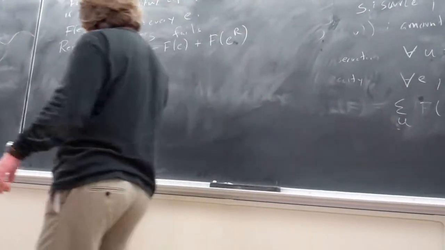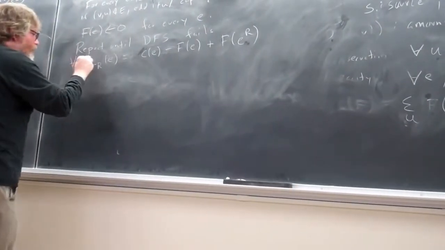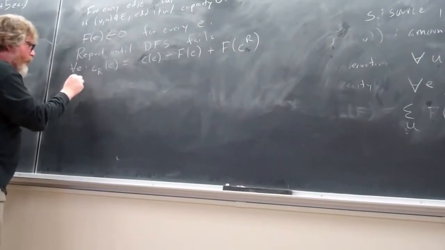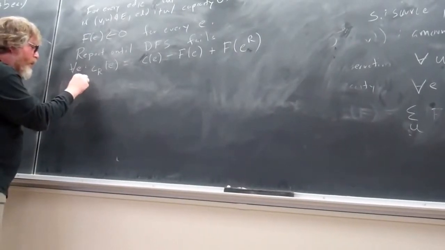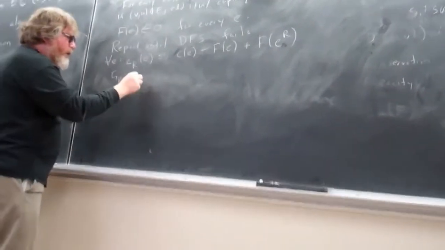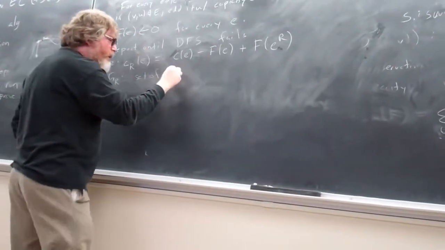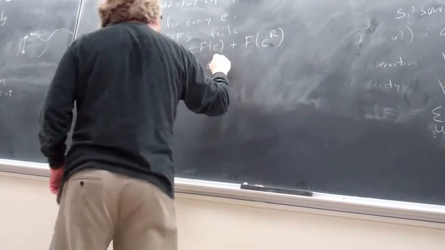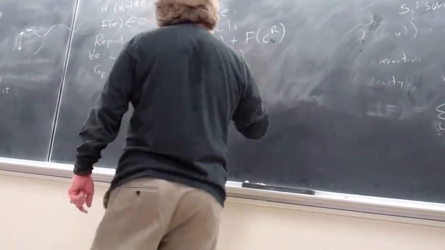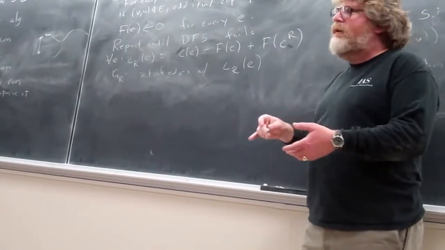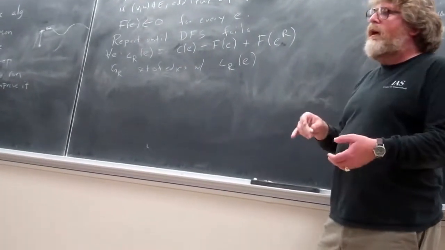Okay. So for every E, we define this. G sub R is going to be the set of edges that we can use. When we try to find a path from S to T, there are certain edges that we can't use.